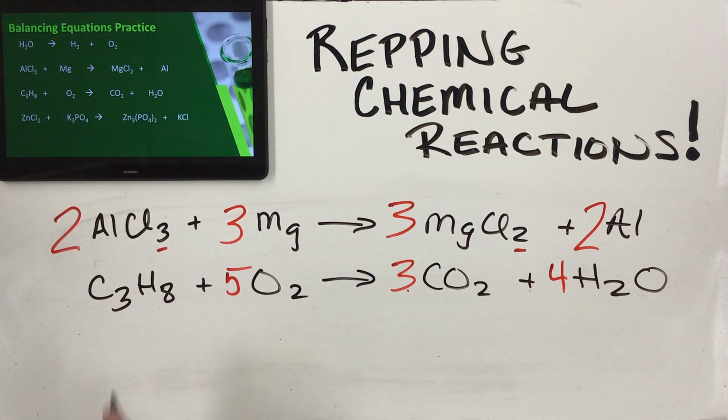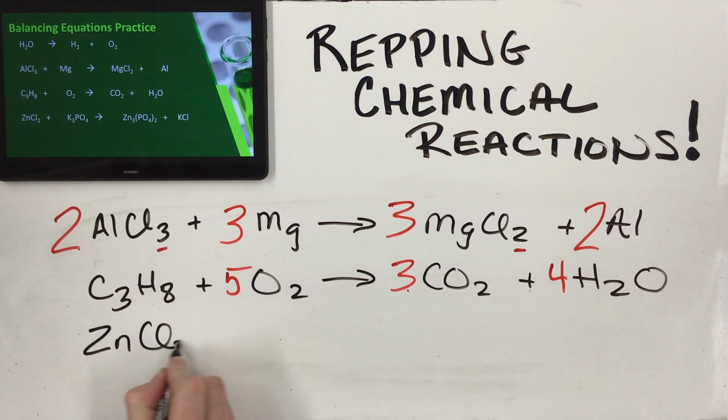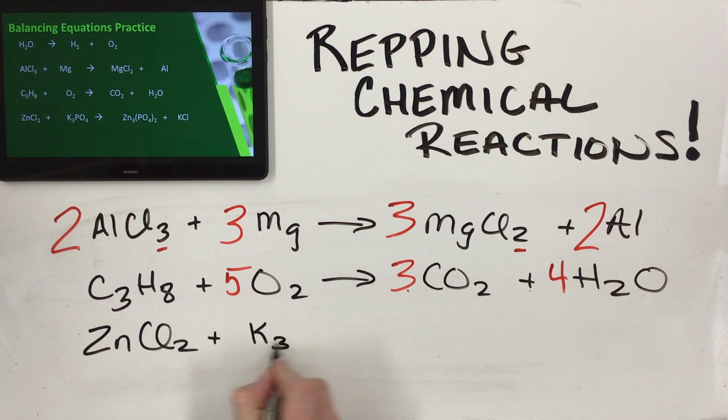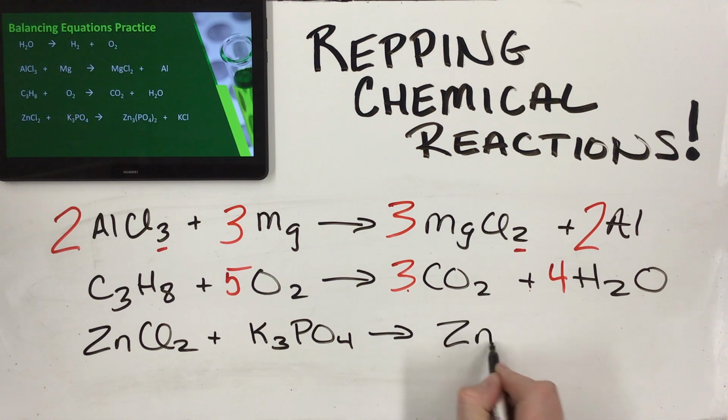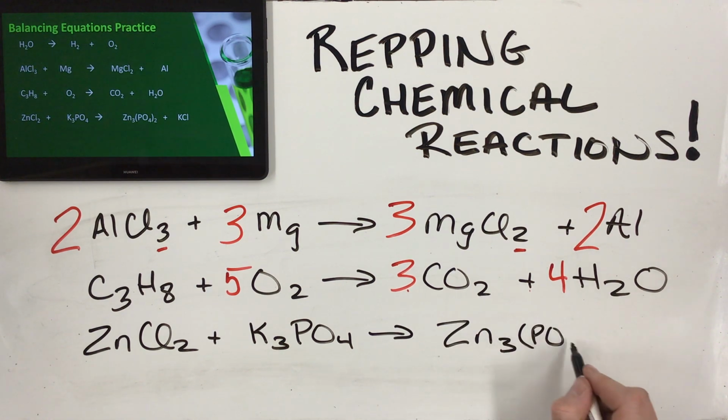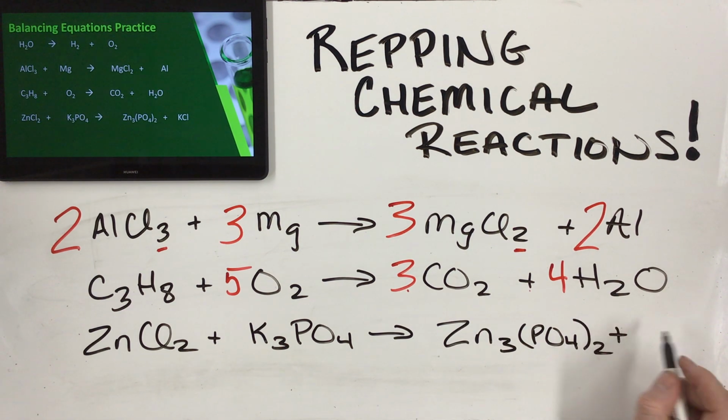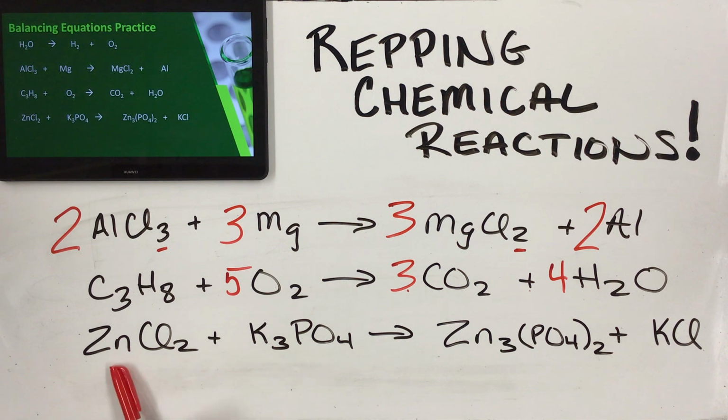The next one, zinc chloride plus K3PO4, that's potassium phosphate, makes zinc phosphate plus KCl. All right. So for this one, 1 zinc going in, 3 zincs coming out.